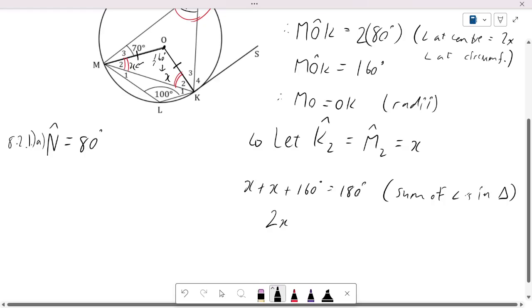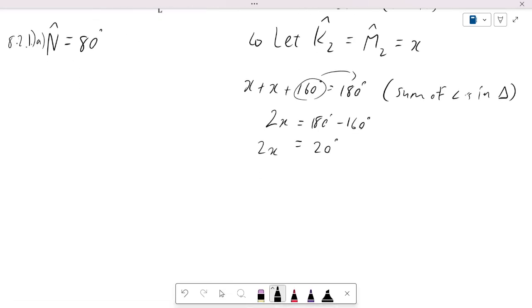Actually, let's take this 160 degrees over to the other side. We're going to have 2x equal to 180 degrees minus 160 degrees, which gives us 20 degrees. Then to get our x value, we divide both sides by 2, such that these cancel, and therefore our x value is going to be equal to 10 degrees.